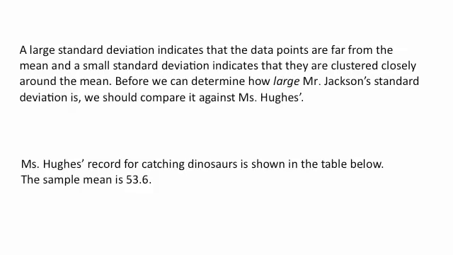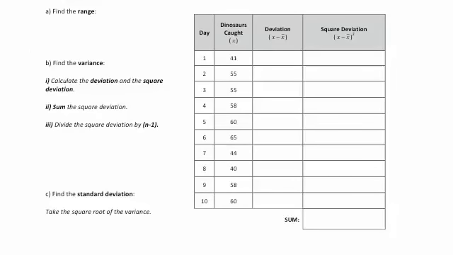Before we can determine how large my standard deviation is, we need to compare it against Miss Hughes's standard deviation. Remember, her sample mean was 53.6. Here are Miss Hughes' values, and I would now invite you to go through this and calculate it yourself: find the range, find the variance, and then find the standard deviation.